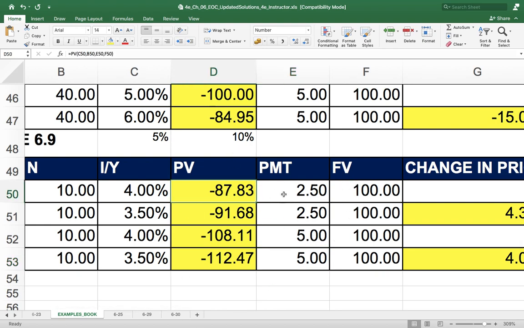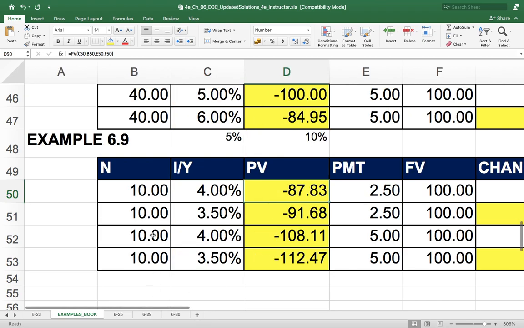When the coupon is 5% and the YTM is 8%, the price will be 87.83, and when the YTM decreases by 1%, semi-annually 0.5%, the price increased from 87.83 to 91.68.